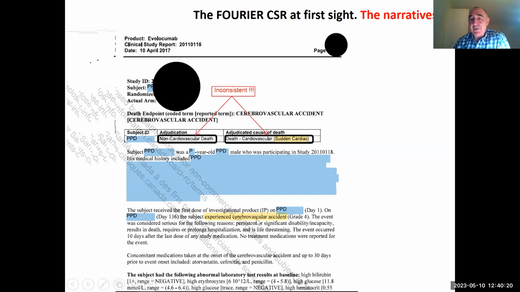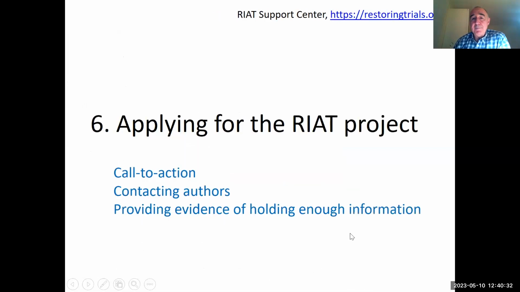This is the case of a stroke that was adjudicated as sudden cardiac death as well. So this case of stroke was misreported, and so on. Since we saw so many inconsistencies, we decided to apply for a project.